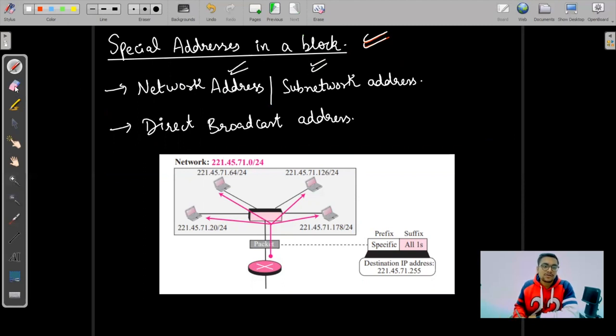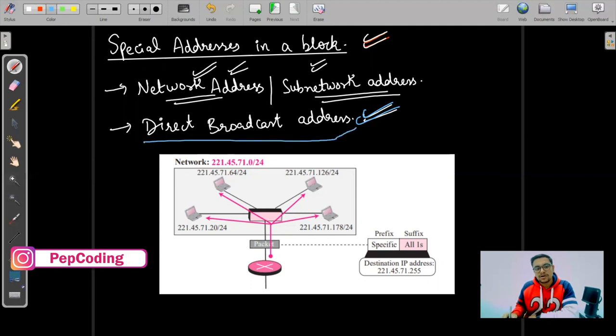As I told you, the first address in each network of each class is used as the identification IP address for that particular network, and in the case of a subnet, the first IP of each subnet is used for the identification of that subnetwork. And the last address of each network is generally used as a direct broadcast address.